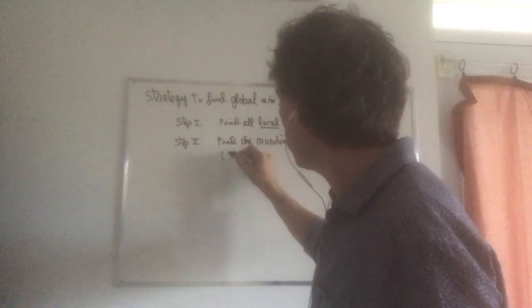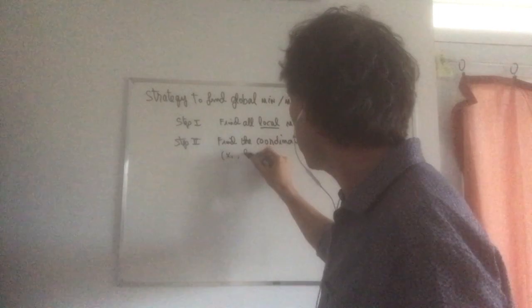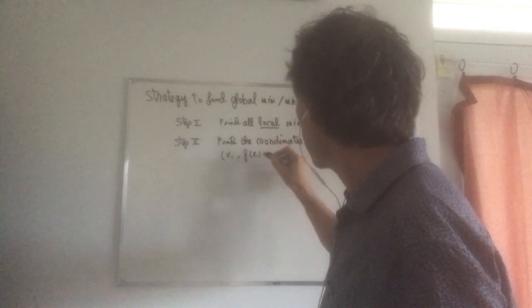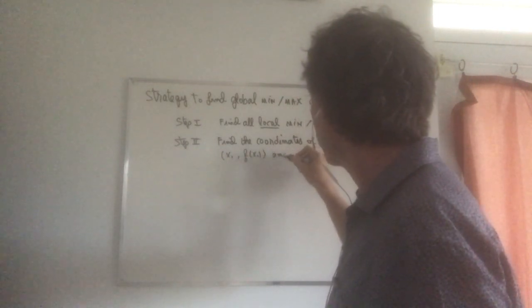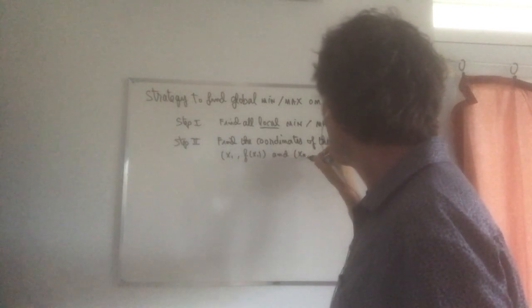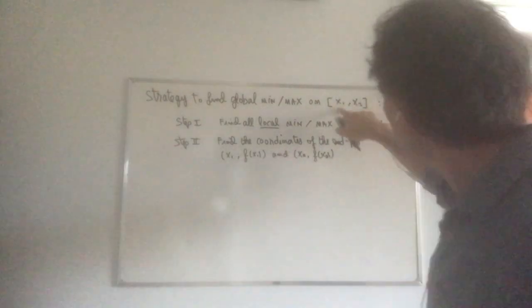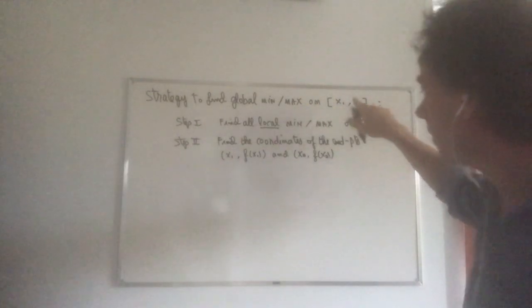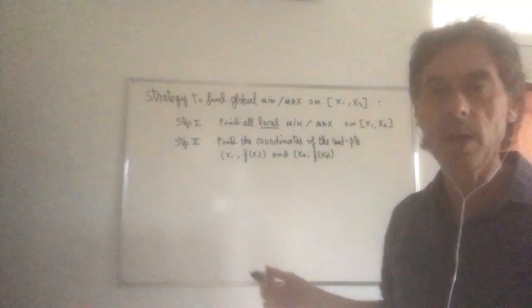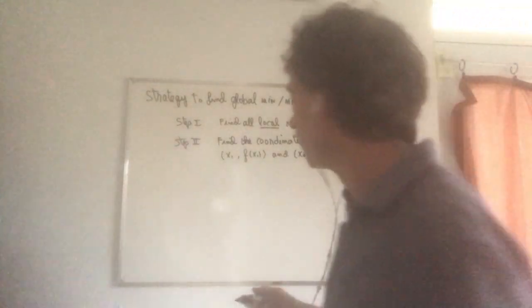They are clearly going to be x1, f of x1, and x2, f of x2, because we are talking about the interval x1, x2, and that will be given in the problem. We don't come up with that, it is given.